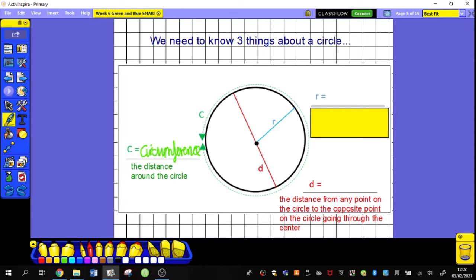So I can see there's one point on the circle, and this line here goes all the way through the middle to the opposite point on the circle, and that is called the diameter.